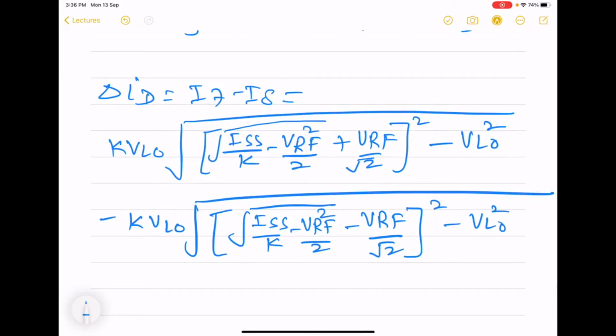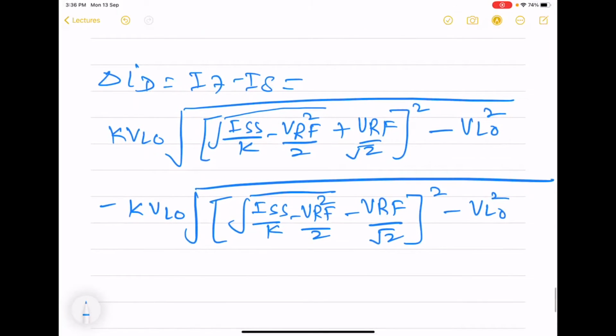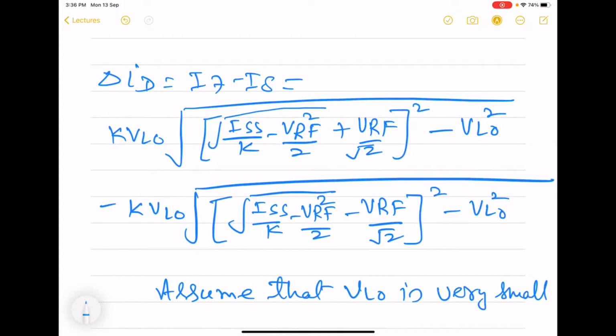So now in this case also, let us assume that VLO is very small. So this will allow us to neglect these two VLO squared terms. And once we neglect this, we can see that here we have a square root, and then here we have a whole square. So these two will cancel out. So we have square root here and square.